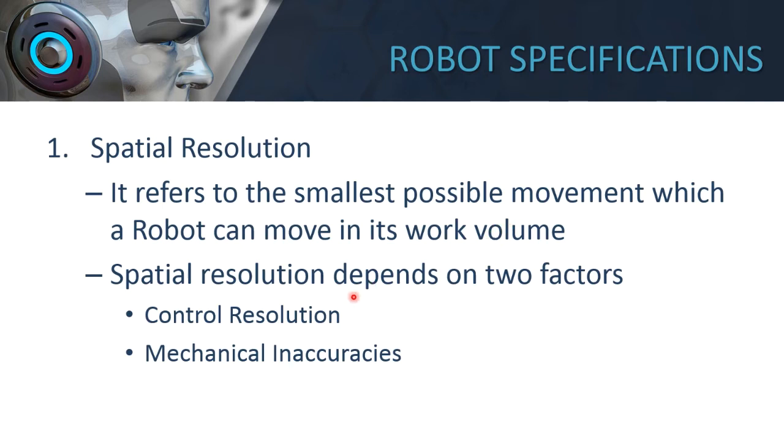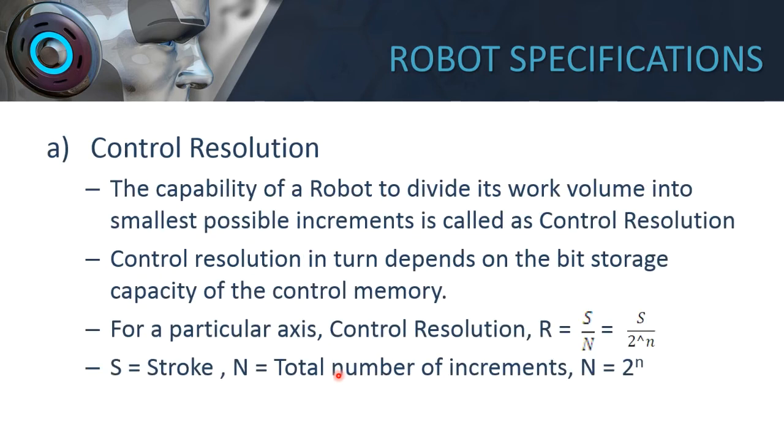The spatial resolution depends on two factors: control resolution and mechanical inaccuracies. What are these? We'll see. Control resolution is the capability of a robot to divide its work volume into the smallest possible increments. Say, for example, your hand has to reach 10 mm forward.